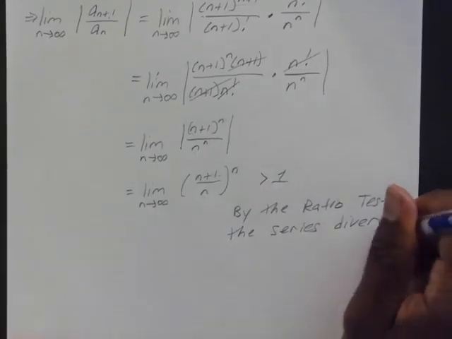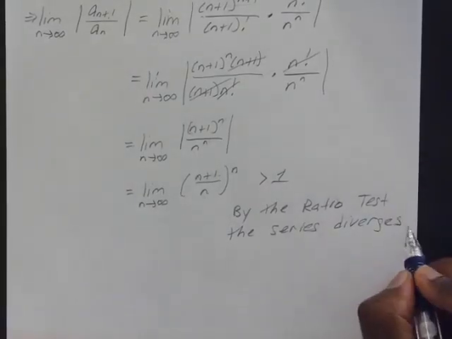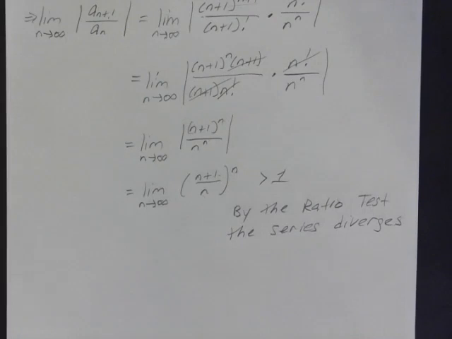Oops, make that e a little bit neater. I have to double check, but I think that's the limit definition of e. 1 plus 1 over n to the power of n. I think that is the limit definition of e.